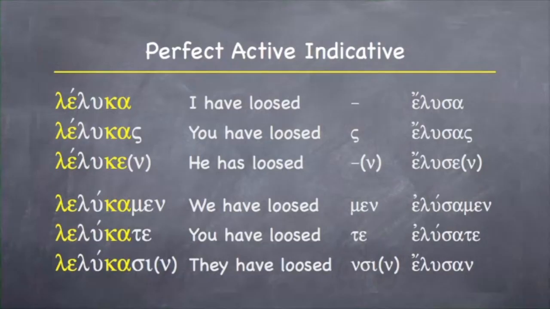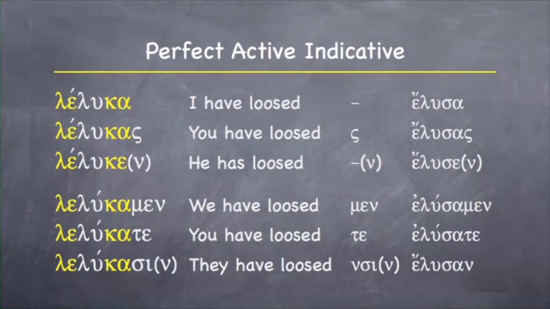Here's the paradigm. Now, set aside the third plural for a second. As you look down that paradigm, you can see the endings as you would, for the most part, expect them to be. But it's interesting to compare that to the aorist, isn't it? Leluka, elusa, lelukas, elusas. In one sense, the perfect looks a lot like the first aorist, doesn't it?